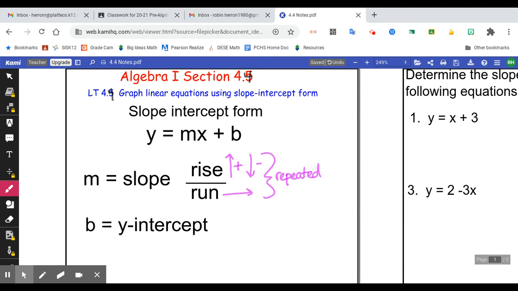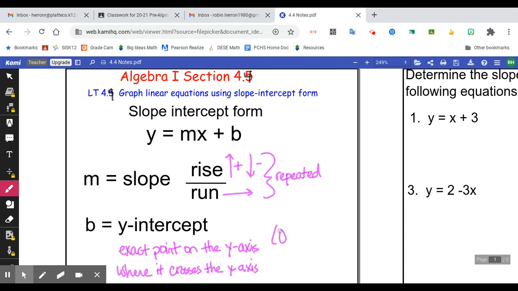For the y-intercept, that is the exact point on the y-axis. It's where it crosses the y-axis. And you're always looking for it to be 0 and then whatever the y value is, right?